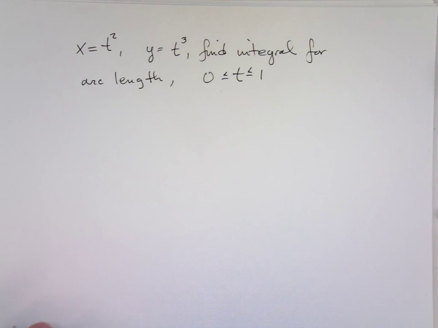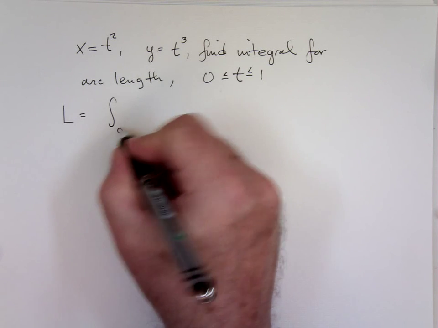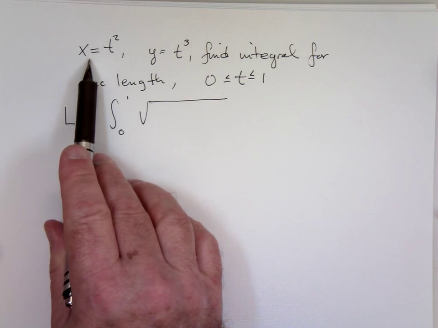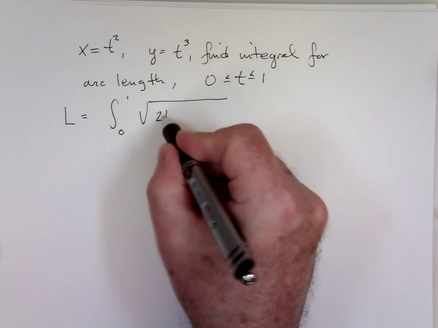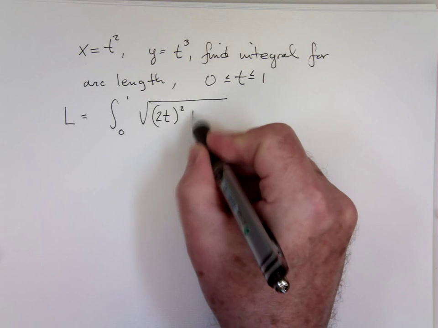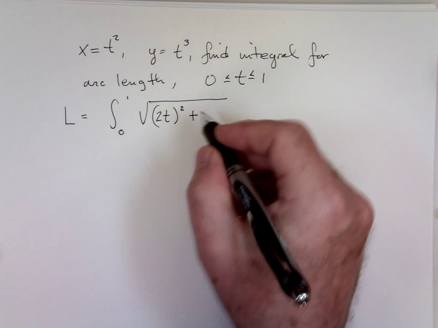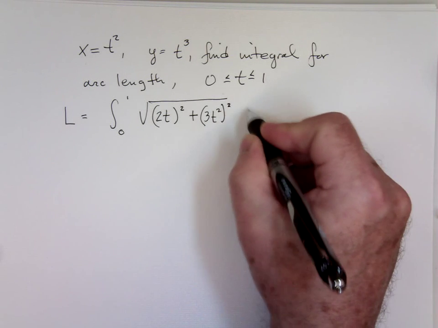So here you go. The arc length is the integral from 0 to 1 of the square root of the derivative dx/dt squared, (2t) squared, plus the derivative dy/dt, (3t squared) squared, dt.